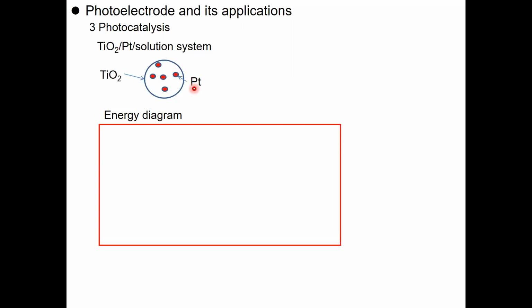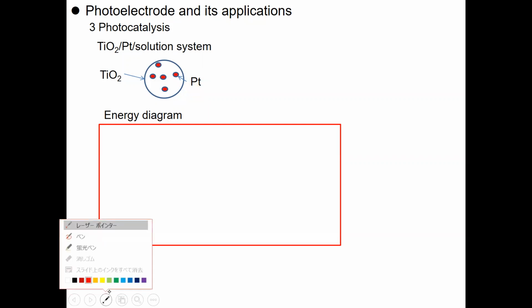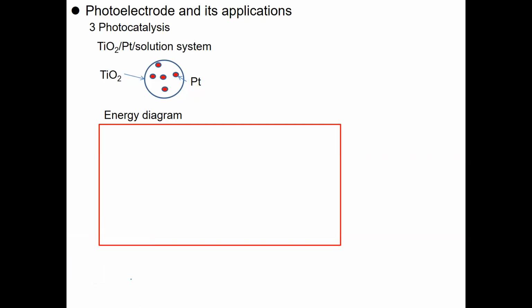And let's think about what will happen in terms of the energy diagram. As we mentioned, TiO2 mostly forms a Schottky contact with solution, and this co-catalyst metal has its Fermi energy here.